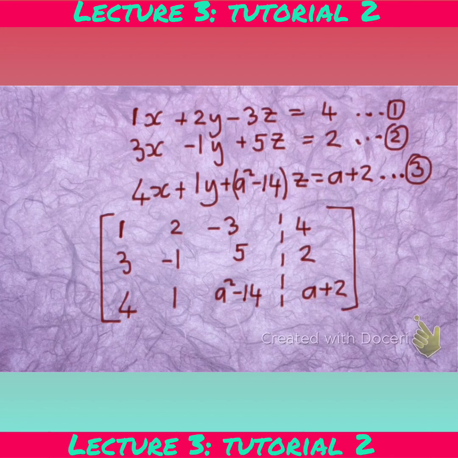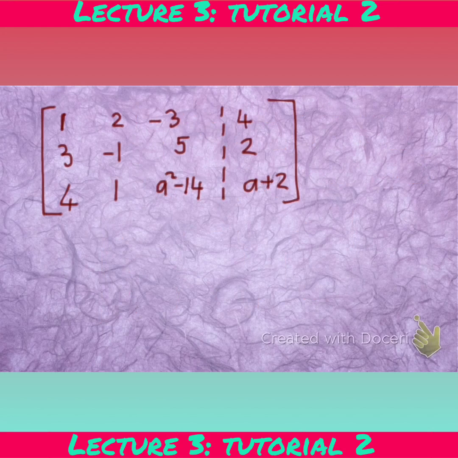Right, so that is my augmented matrix, and now I need to play around with Gaussian elimination. As we described in the theory part, you select the leftmost column that's got at least one non-zero entry, which is this column here, and then you select a non-zero value, either 1, 3, or 4, and you place it as high as possible, right up in the first row, by interchanging rows if necessary.